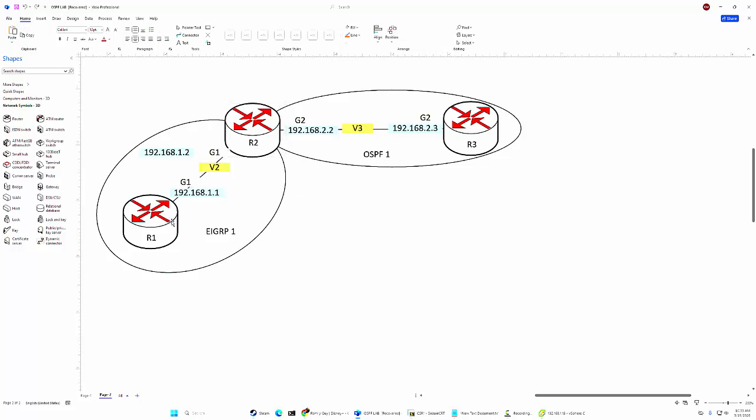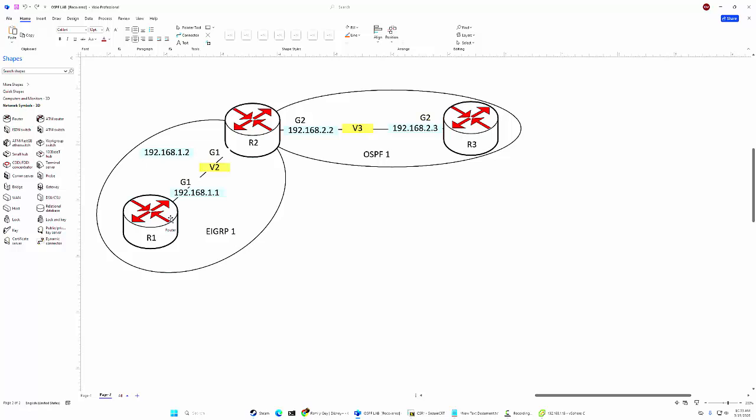So in order for router 2 to learn EIGRP routes, what must we do? We must have an interface that is connected directly to a router that's enabled with EIGRP, and enable EIGRP on router 2 itself.